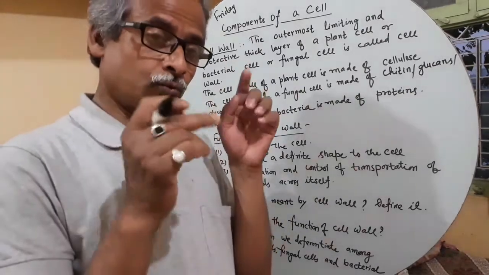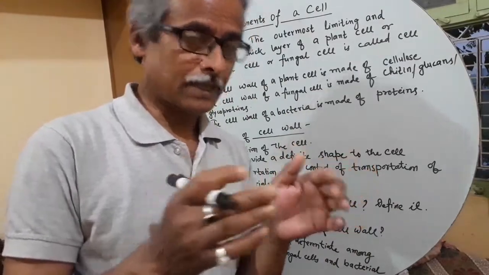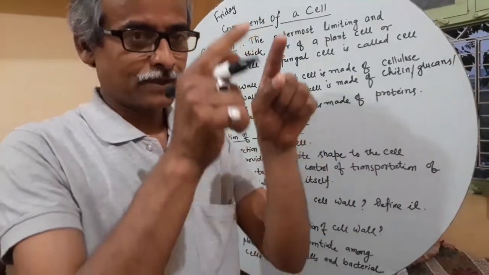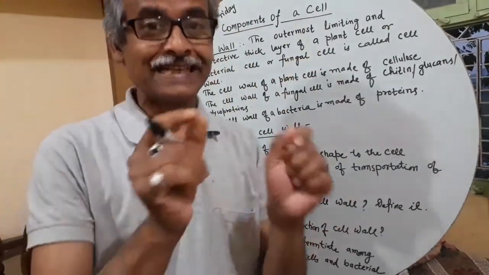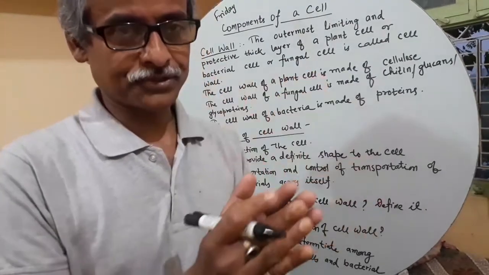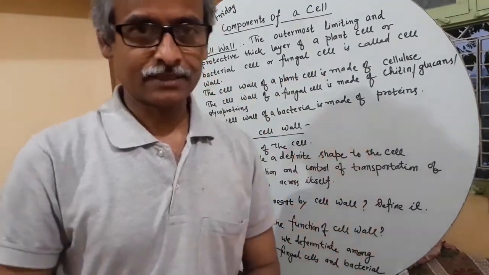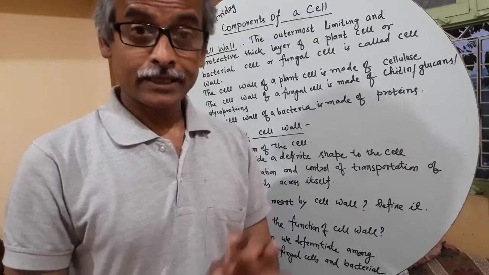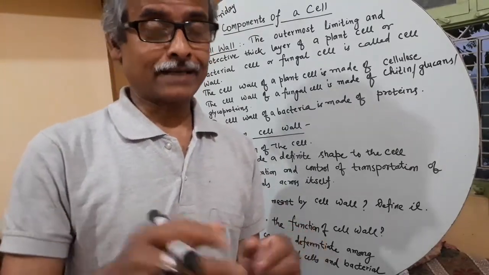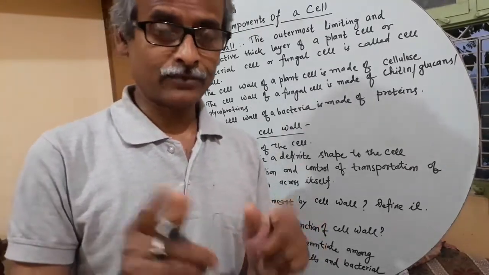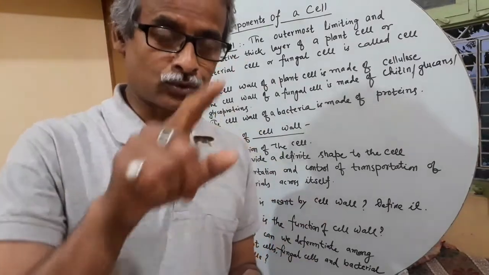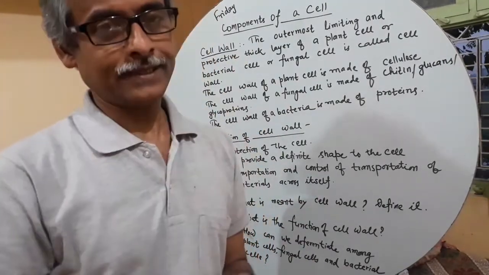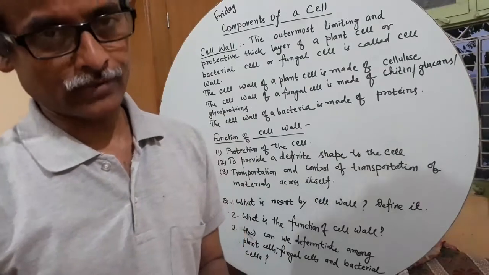When you look at a diagram of a plant cell, you find an outermost thick structure that limits the plant cell. If you observe a bacterial cell, you will find the outer layer that is thick. It is also cell wall.